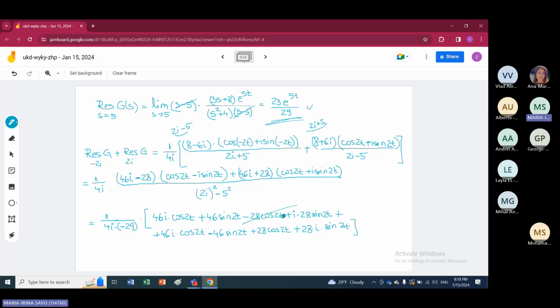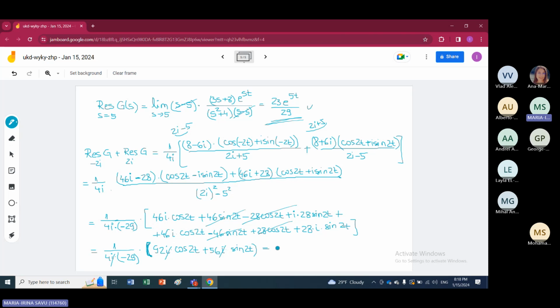So you have minus plus, and you get 1 over 4i times minus 29 times. This one twice is going to be 92i cosine of 2t, and this one twice is 56i sine of 2t. This i disappears from here.